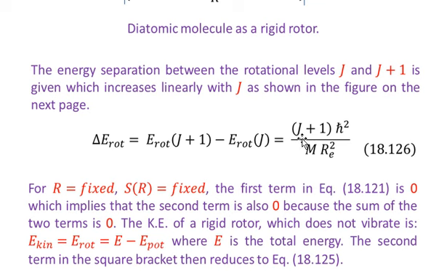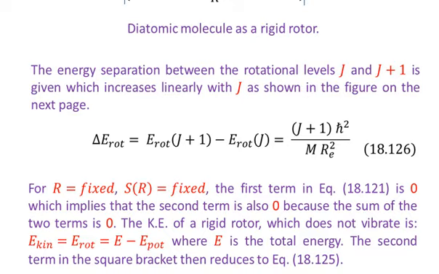That is the separation between the consecutive levels, which depends upon the value of J. So the greater the value of J, the greater would be the separation between the two rotational levels.